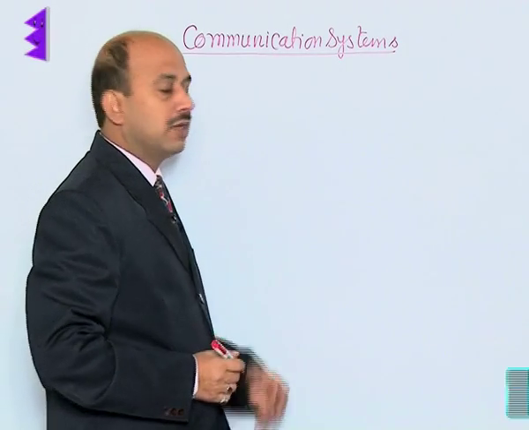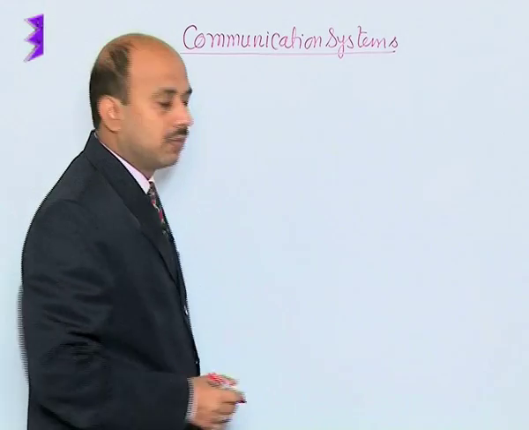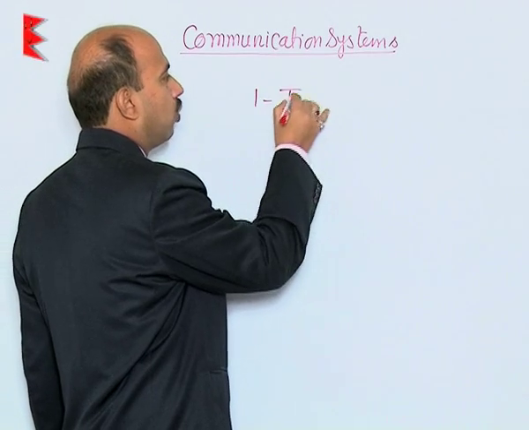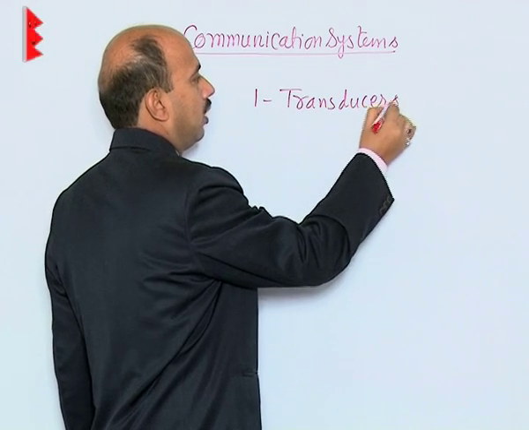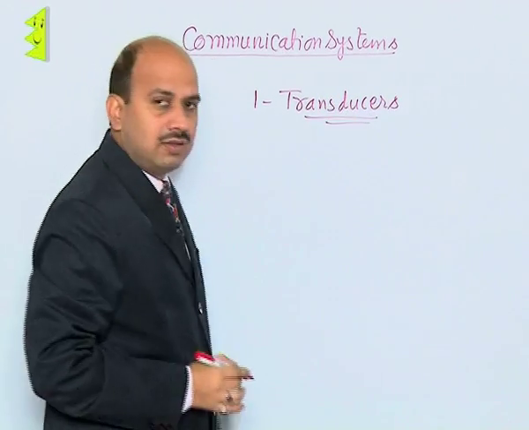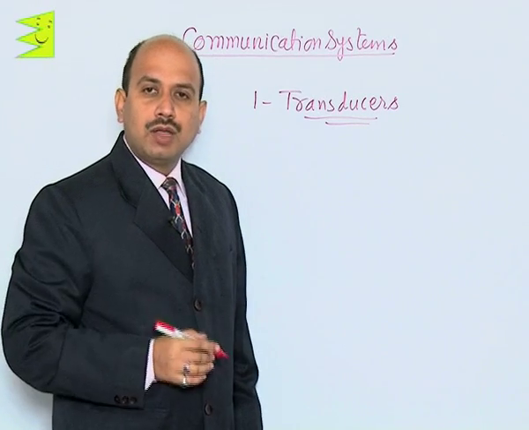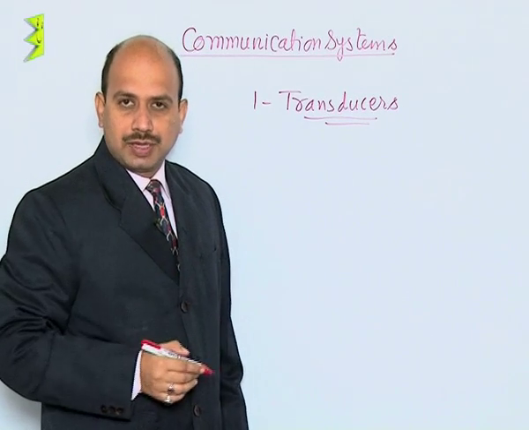See here some basic terminology involved in the communication system. The first one is called transducers. A transducer is a device which converts one form of energy into another form of energy.